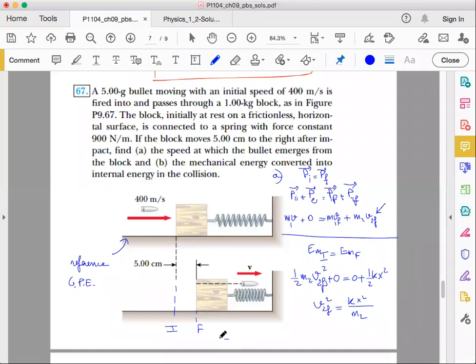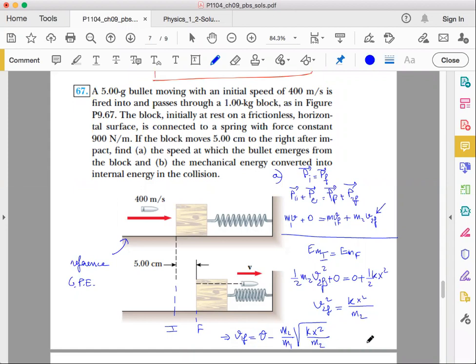Combining the two equations, V1 final is equal to V minus M2 over M1 times V2 final, and V2 final is equal to the square root of kx squared divided by M2.